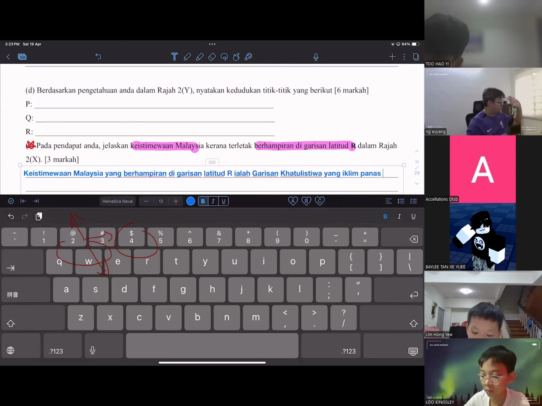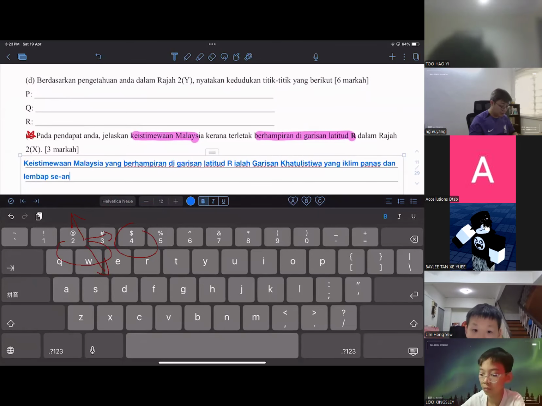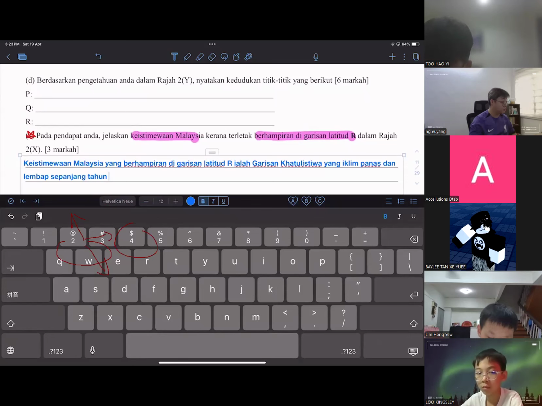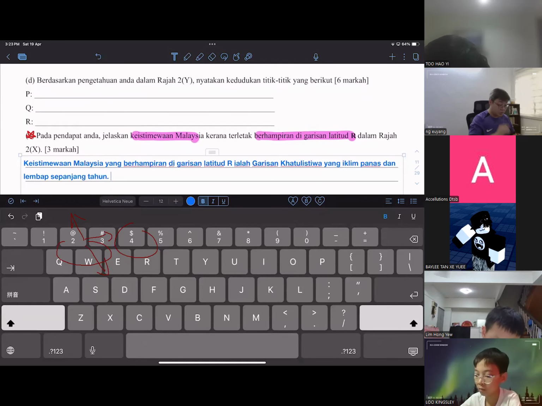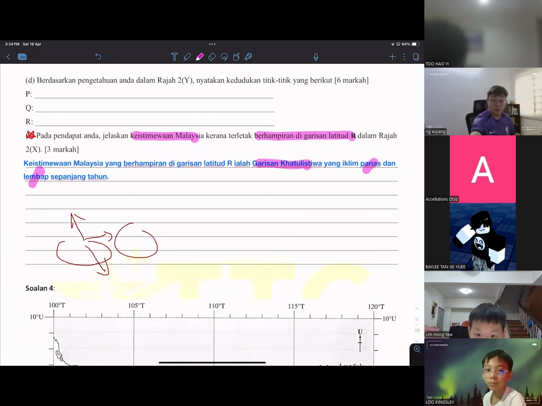So which means very warm from January to December is always summer, summer, and summer. So this iklim panas, and then every few days, every week, we're definitely going to have rain. So this is what we call panas, lembab sepanjang tahun. Okay, so this is your first mark. Actually, supposed to be 2 marks. So garisan khatulistiwa is your first mark. Panas dan lembab is the other 2 more marks.